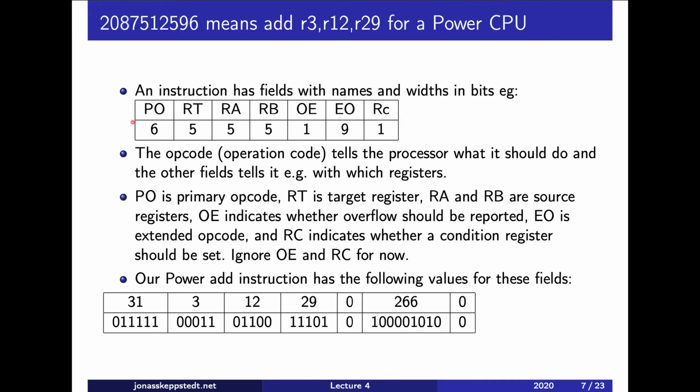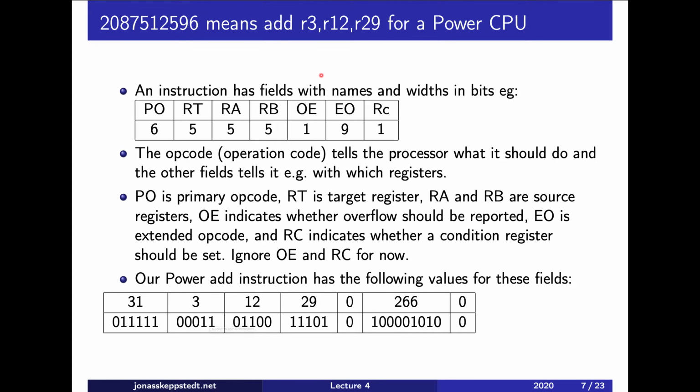This instruction has the target register, the place where it should write the result. It's written in this position, and since we had R3, that position contains 3 as a binary number.